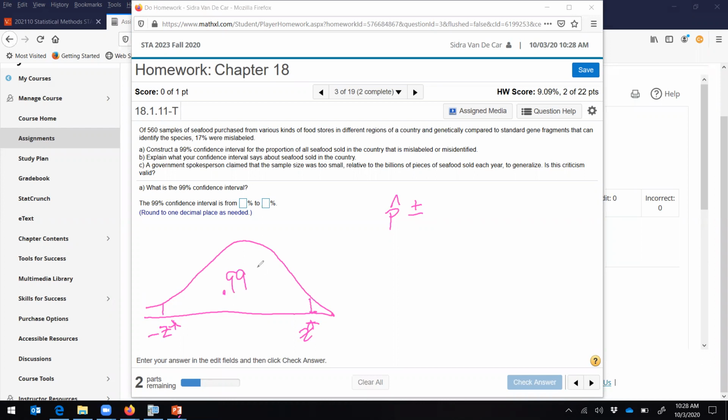That leaves 0.99 in the center, so 0.01 is split on the outside. Half of 0.01 goes here, 0.01 divided by 2, that's 0.005. And by symmetry, the same amount is here. So I want to know what that Z critical is.